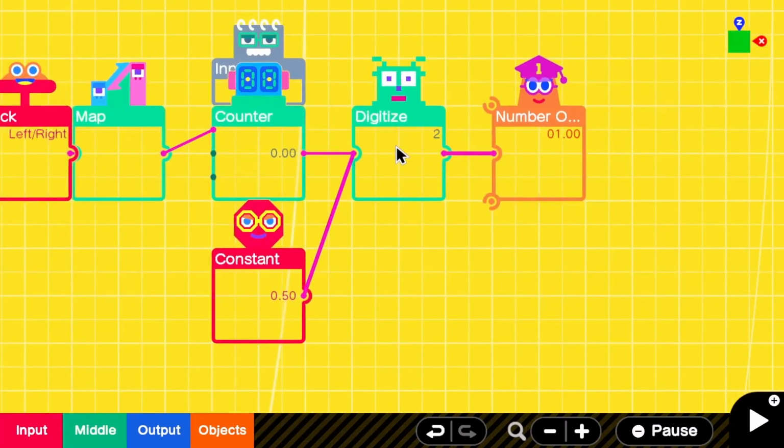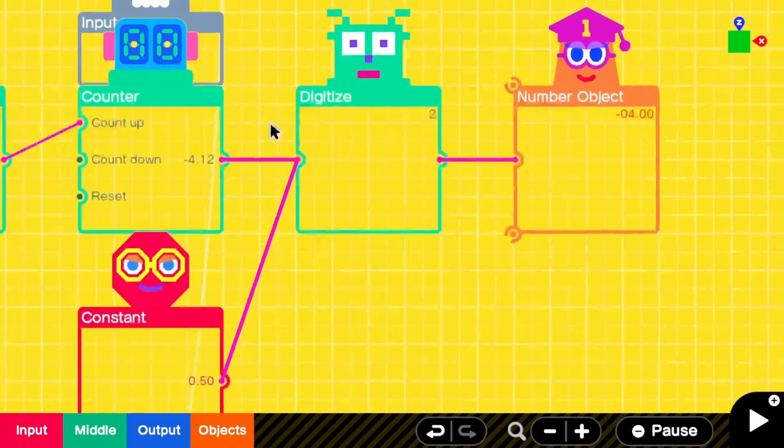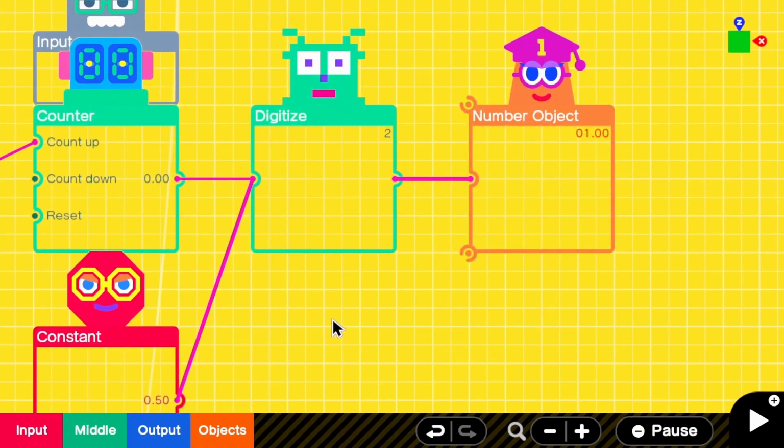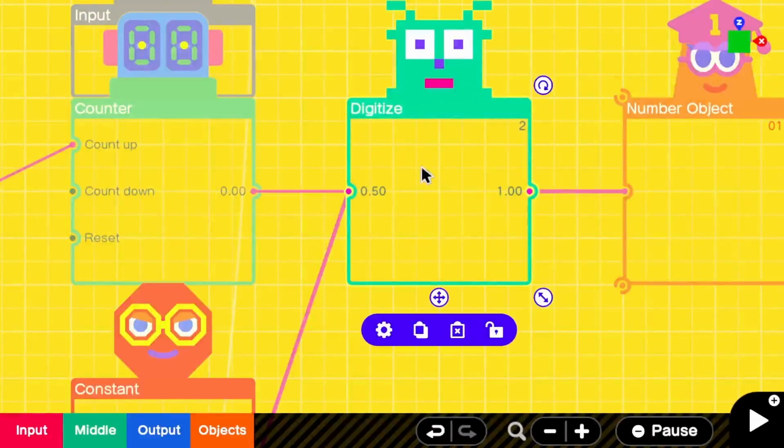I said earlier, this works only when we have negative numbers. It doesn't work when there are positive numbers. So what we can do instead is make sure that the input to the digitize is negative so that it always rounds down instead.